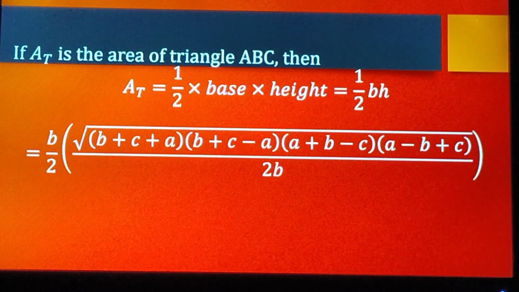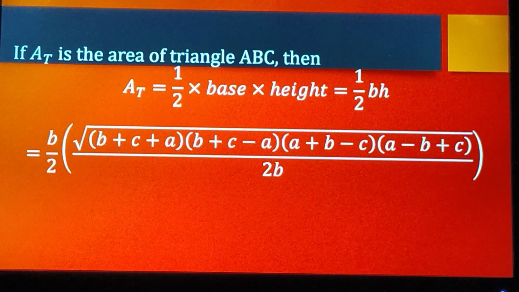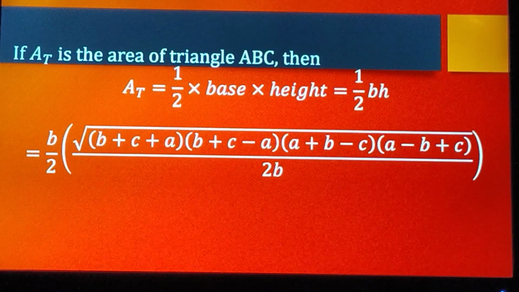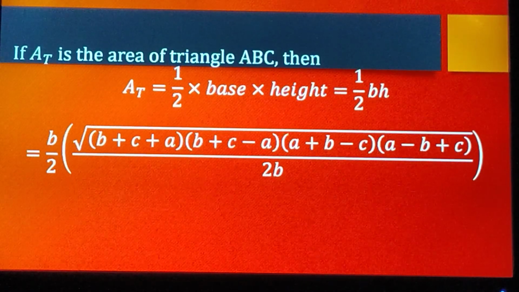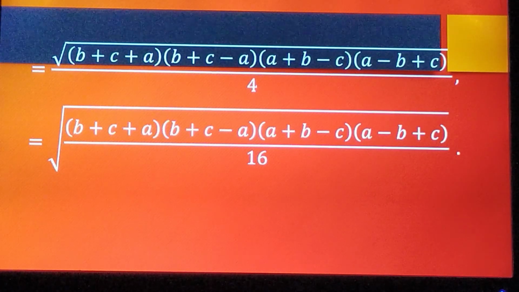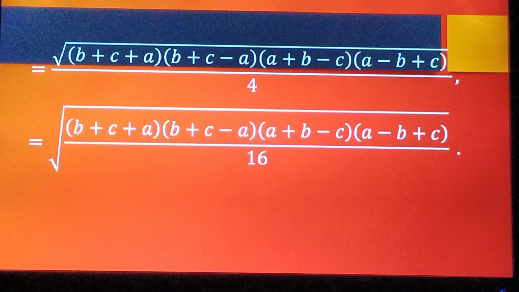The b cancels here, and if you put the 2 and 2 also inside the square root sign, then we have this number 16 inside the square root sign.